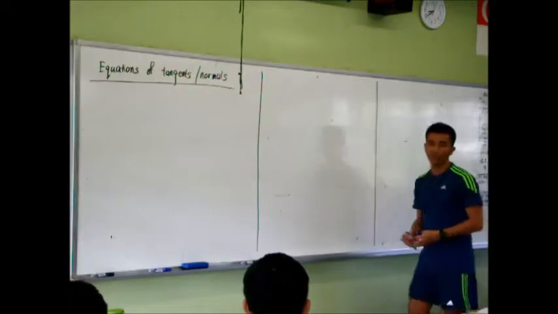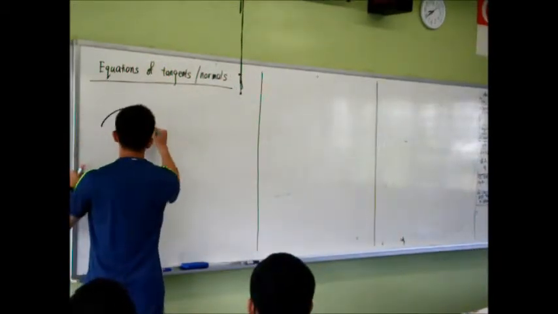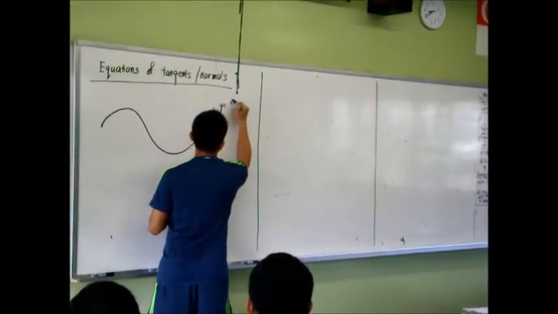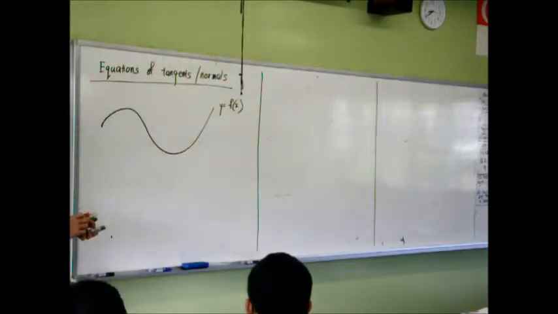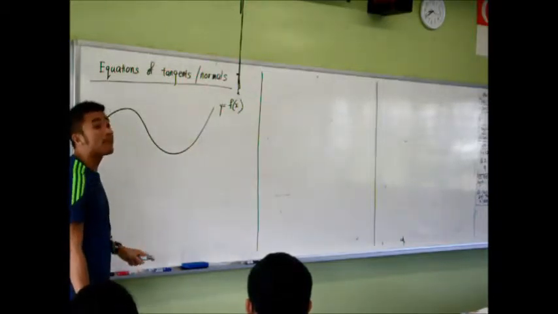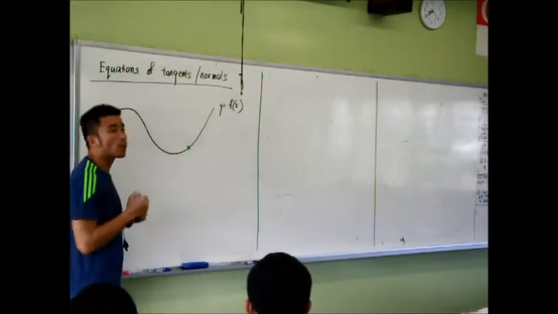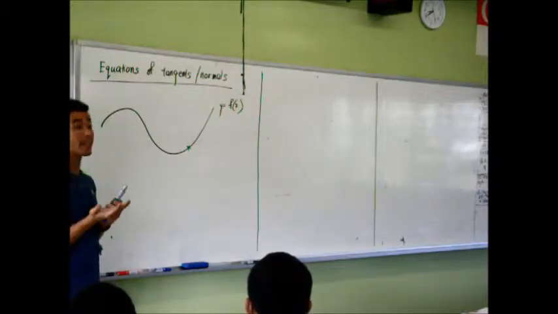First thing, in an equation of any curve, let's say I have a curve, y is equal to f(x). As mentioned previously, if I want to find the gradient of this particular point, what do I do? You can draw the tangent.